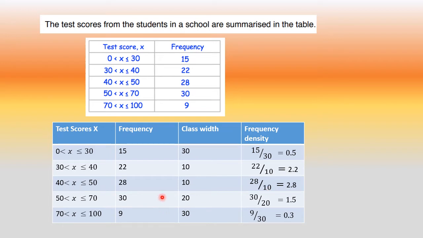Frequency 30 divided by the class width 20, the frequency density is 1.5. Frequency 9 divided by 30, frequency density is 0.3. So when we are to draw a histogram, the first thing is we have to prepare the column class width and the frequency density.